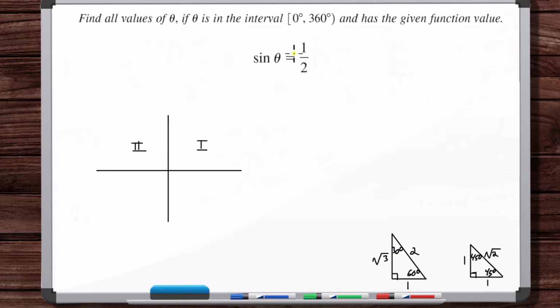At quadrantal angles, sine is going to be 0, 1, or -1. This is 1/2, so we're not at a quadrantal angle either. So we're somewhere between 0 and 180 for sure.